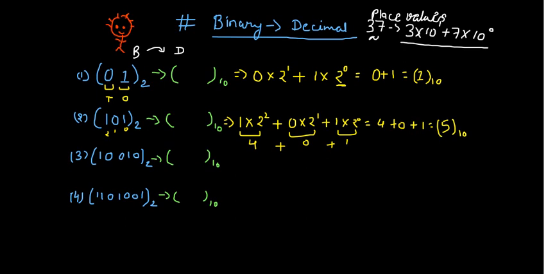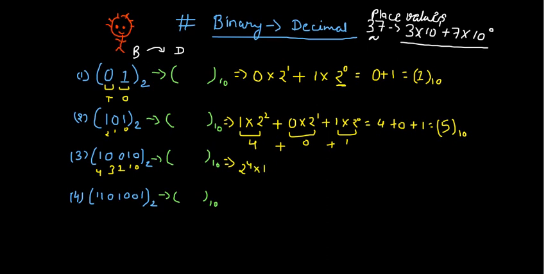Now let's try the third one. I think you have already got the idea, so you can try from this point by yourself too. The positions are 0, 1, 2, 3, and this is going to be 4. So it is going to be 2 to the power 4 multiply 1.